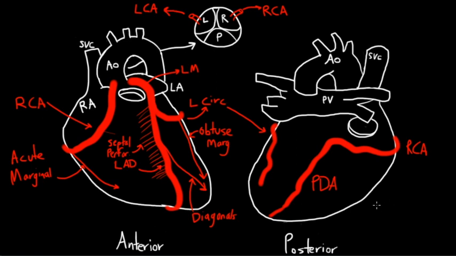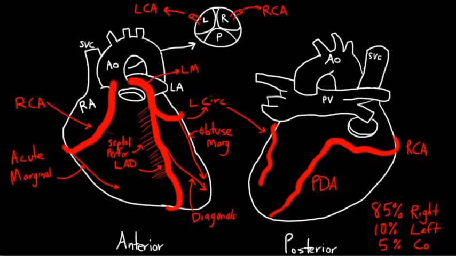Apparently about 85% of the time, people are right dominant. We've seen different things, 10 or 15% are left dominant, and maybe 5% of the time or even less, you'll see co-dominance.